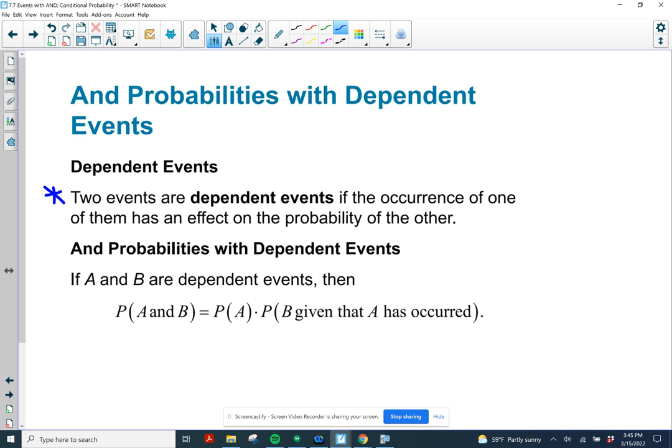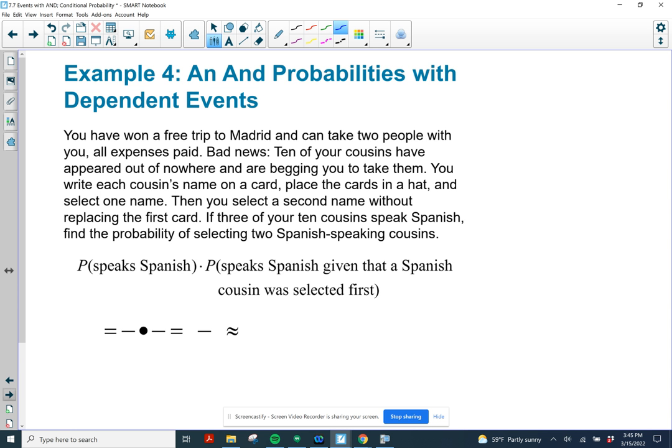So we have a formula that says if A and B are dependent events, probability of A and B is the probability of A times the probability of B, given that A has occurred. All right, so let's use that formula in a couple of examples.